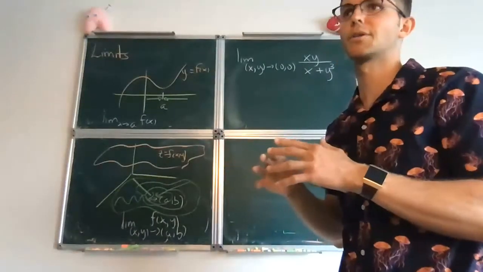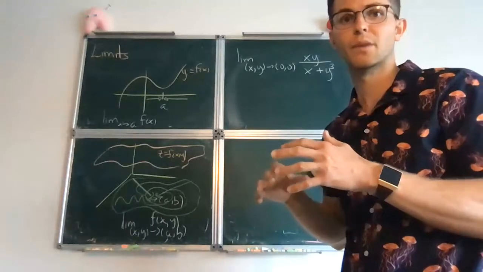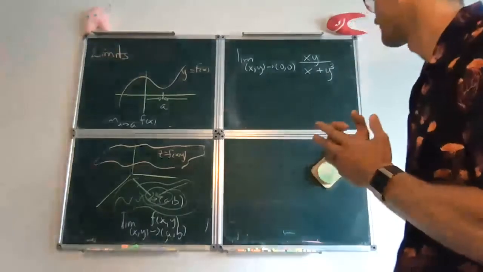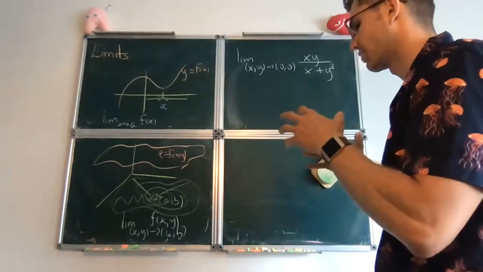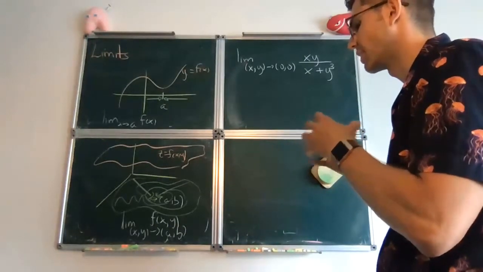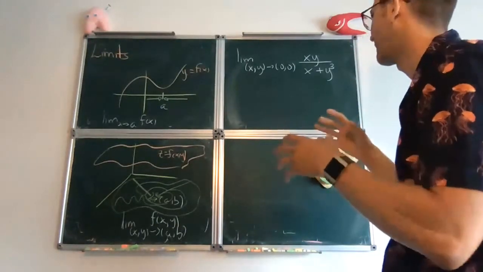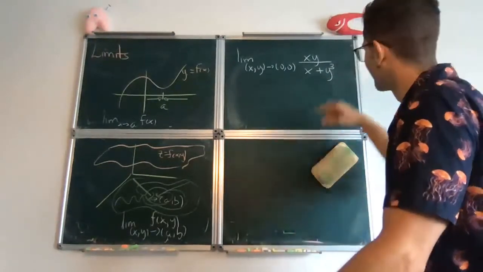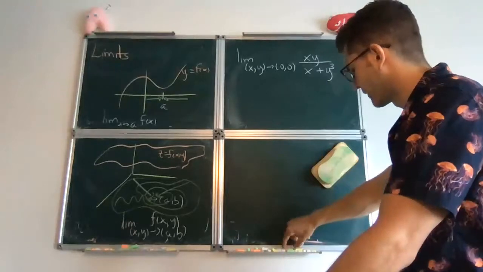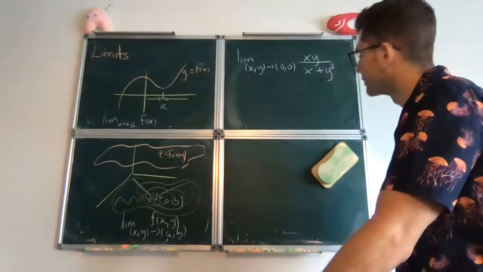So what is the dominant term in each of the corresponding summands or factors that appear in this expression? For example, if you look at the numerator, imagine that x and y have units of length.